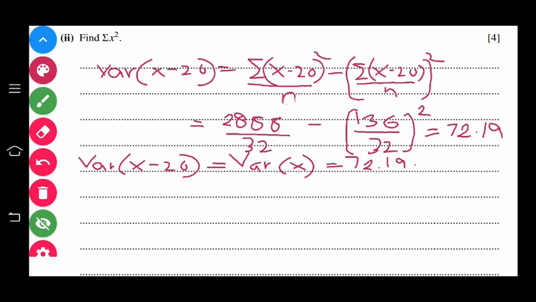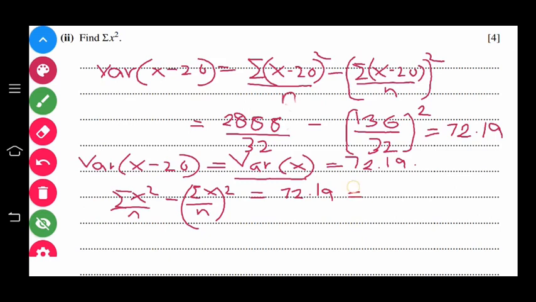Yes. And what is the formula for variance of x? It's nothing but sigma x squared by n minus (sigma x by n) the whole squared, which is equal to 72.19.